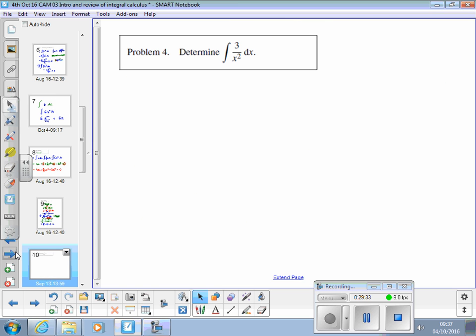So what about the integral of 3 over x squared? What can we do with that?